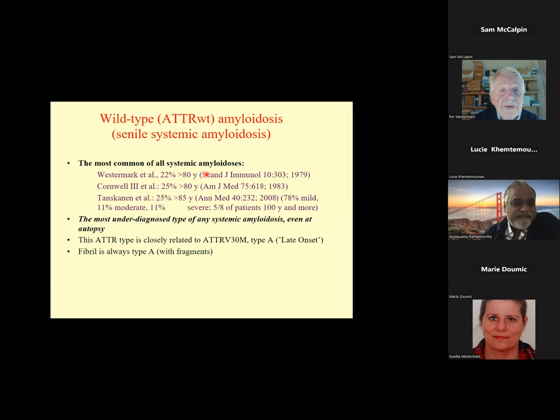But most have fairly small amounts of deposits, and it's not known if these are important or not. But some get a large amount of amyloid that is increasing, and in those cases the disease creates mainly a heart disease that may be severe, and is so mainly in men.